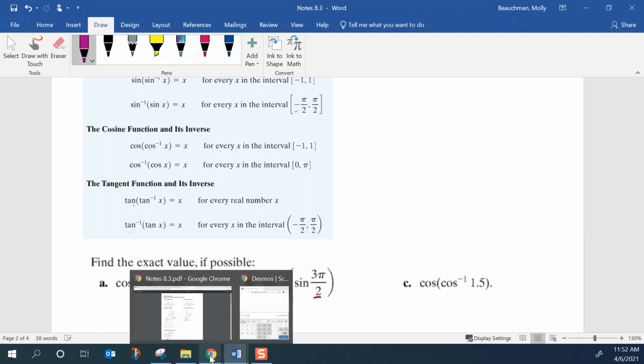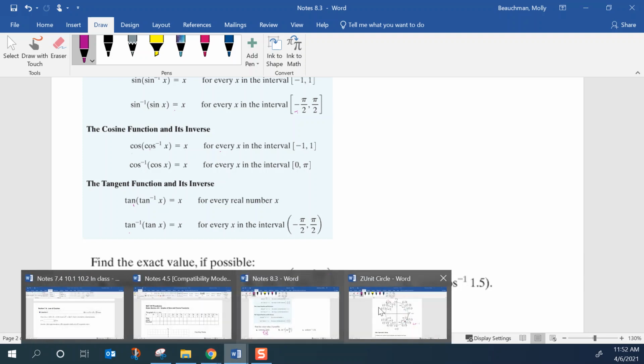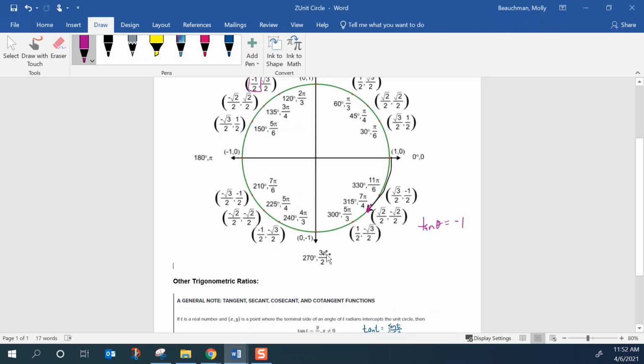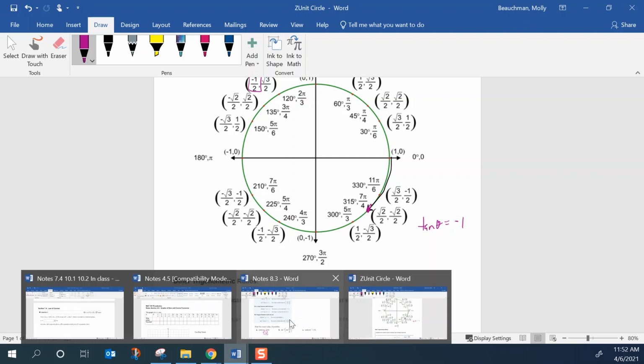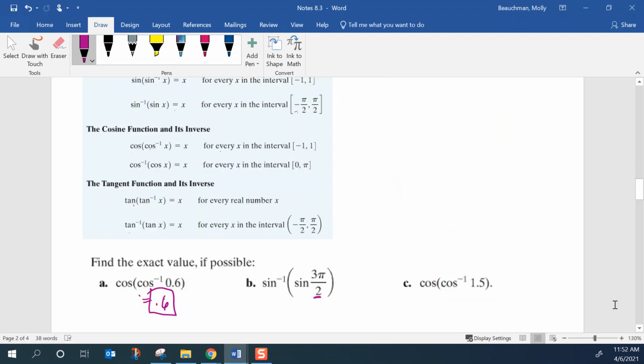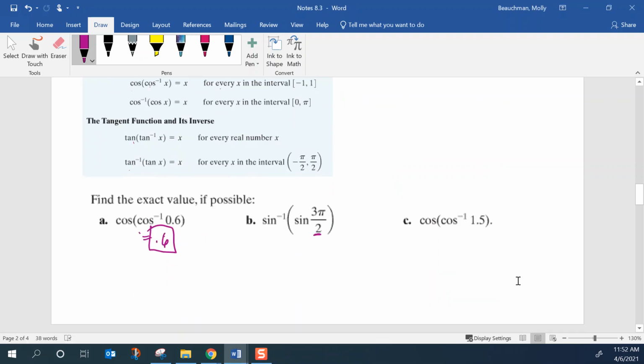If you take a look at your unit circle where 3 pi over 2 is, 3 pi over 2 can also be expressed as a negative rotation, negative pi over 2. So we express 3 pi over 2 as negative pi over 2. So the inverse sine of the sine of 3 pi over 2 is negative pi over 2.